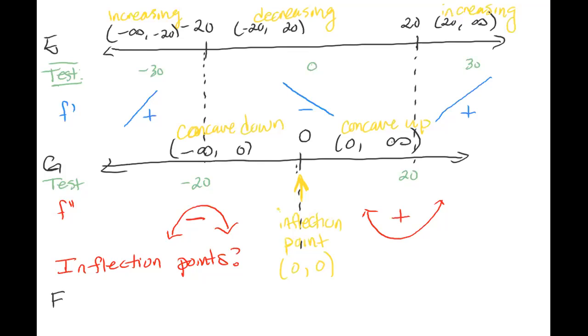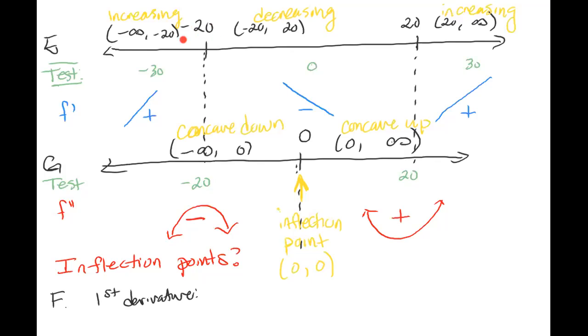F is where I want to classify the maximum and the minimum values. I have a nice little diagram that allows me to use either the first derivative test or the second derivative test to discover the answers. By the first derivative test, I might observe that this is a critical number, negative 20.